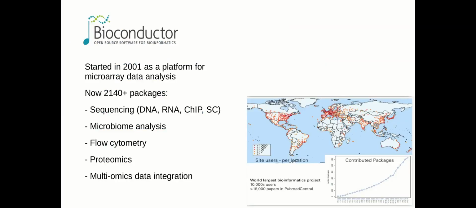Bioconductor is a global effort of standardizing many of the bioinformatics tools, and it started more than 20 years ago as a platform for microarray data analysis initially, and now there are more than 2,000 packages and several dozens of packages for microbiome analysis in particular.